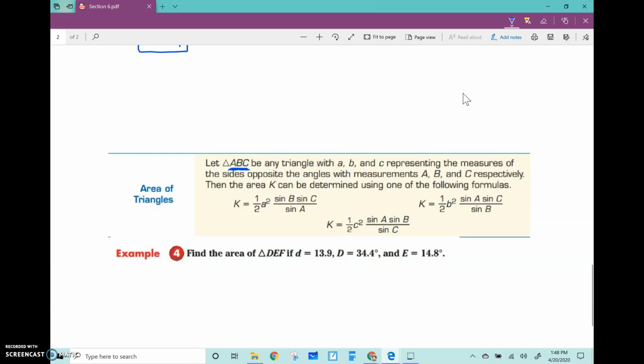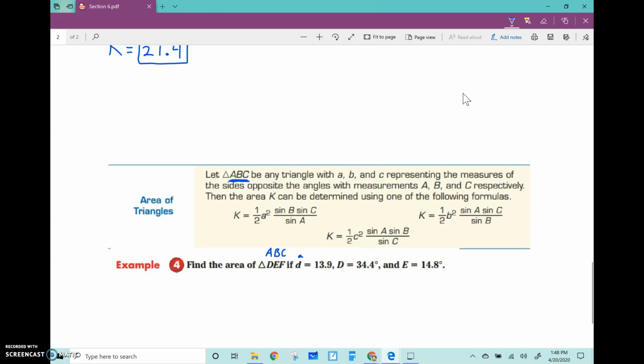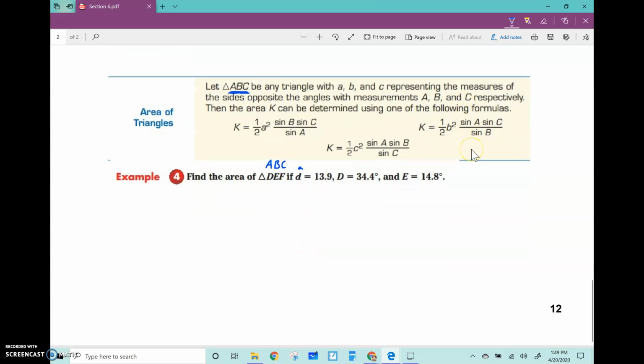So DEF, I'm going to look at D as A, E as B, F as C. That means that side D is going to be side A, just as side E would be side B and F is C. We're just substituting in so I can figure out which one of these tools to use. Because they gave me side D, which is also the same as side A, I'm going to be using this one right here.